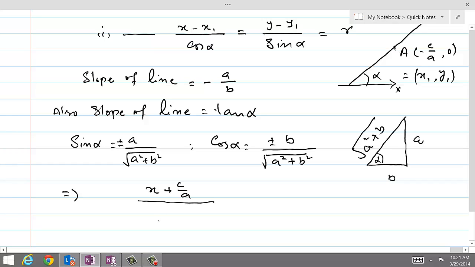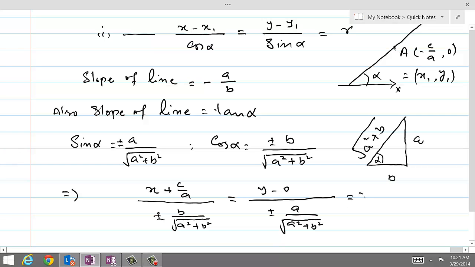So cos alpha would be plus minus b over the square root of a square plus b square, equal to y minus 0 over sine alpha, and sine alpha would be plus minus a over the square root of a square plus b square, equal to r.